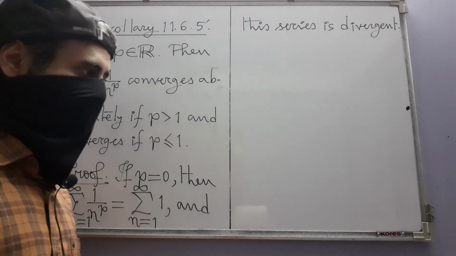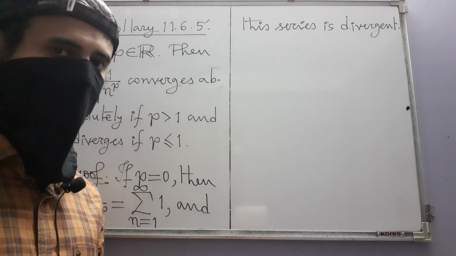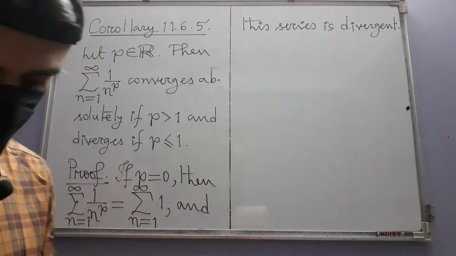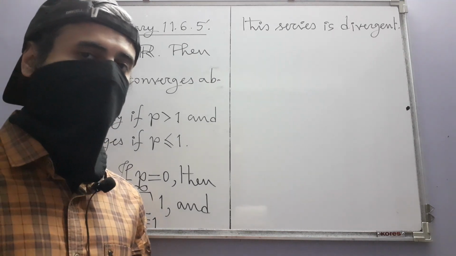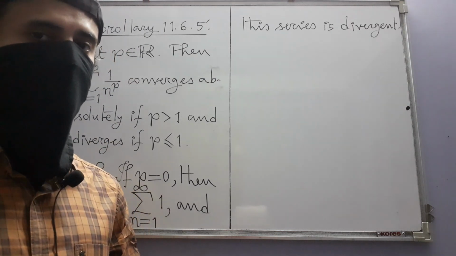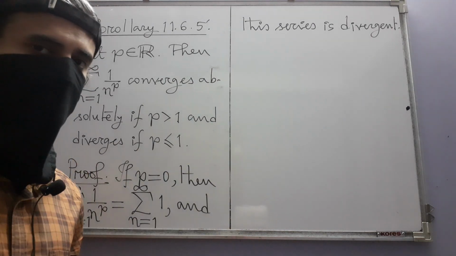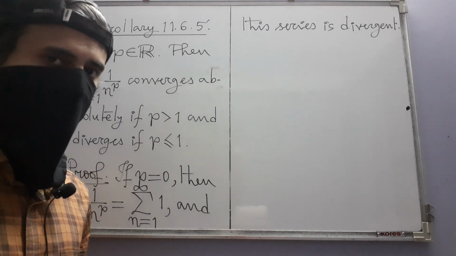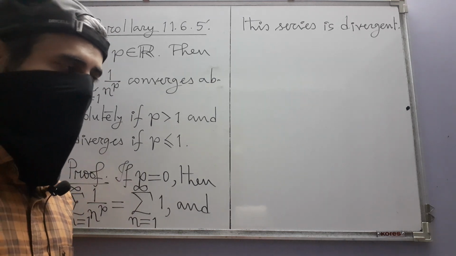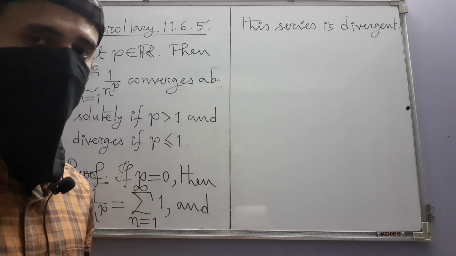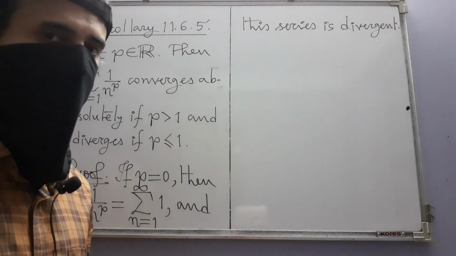But if you really want to think of why it is divergent, well, just think of what its sequence of partial sums is. It's just the sequence of positive integers. That sequence is not convergent because it's not bounded from above, so it's not bounded.